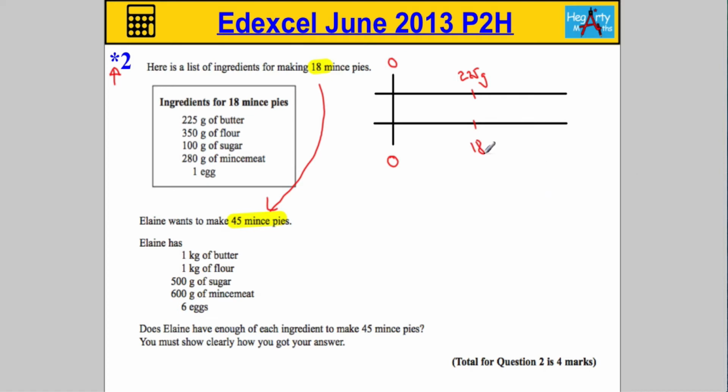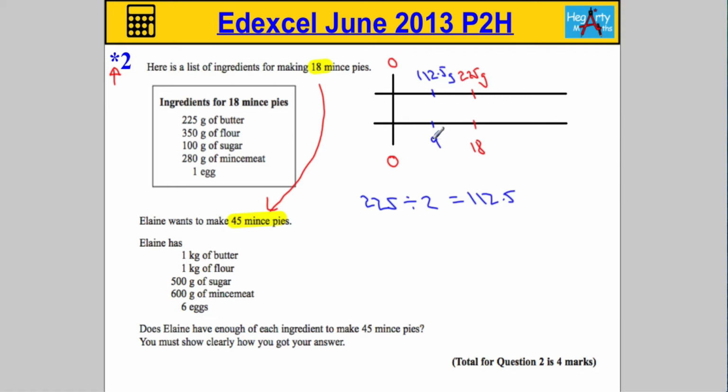If I know 18 mince pies, well, that means 9 mince pies is going to need half the amount of the ingredients, which is going to be 112.5 grams. So 225 divided by 2 equals 112.5.